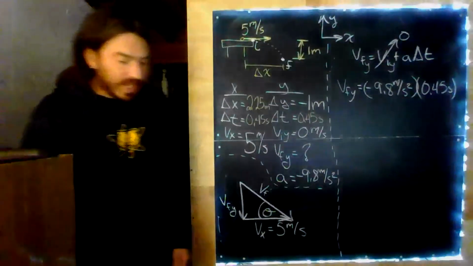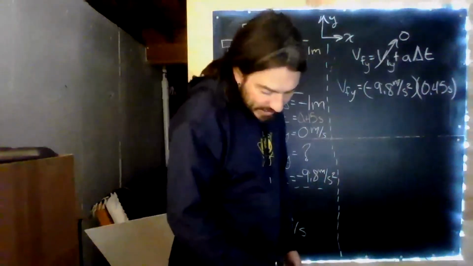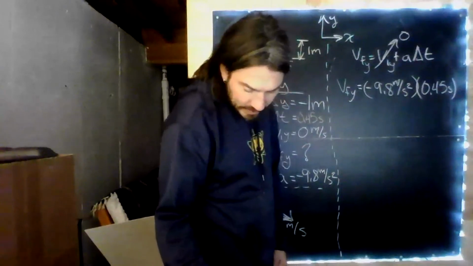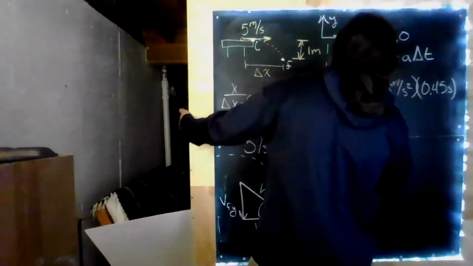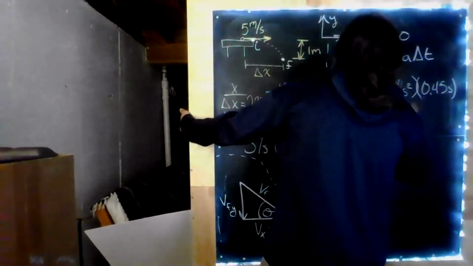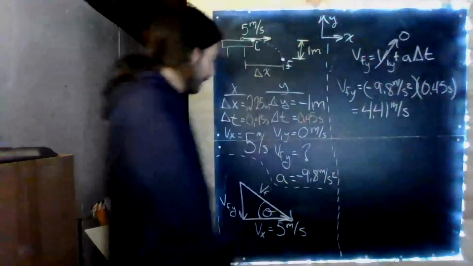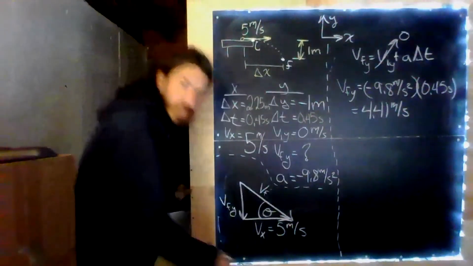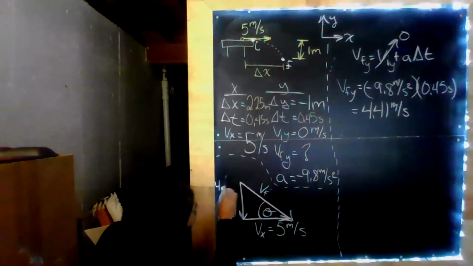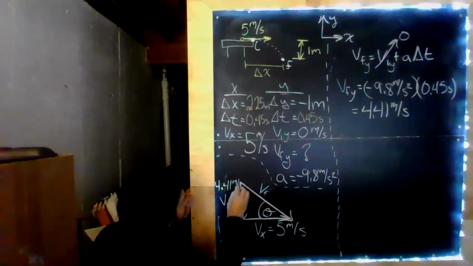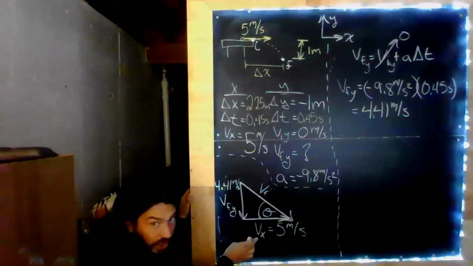And now we can just run our calculator, and we get 4.41 meters per second. And so now we can add that over here. Vy final is 4.41 meters per second.